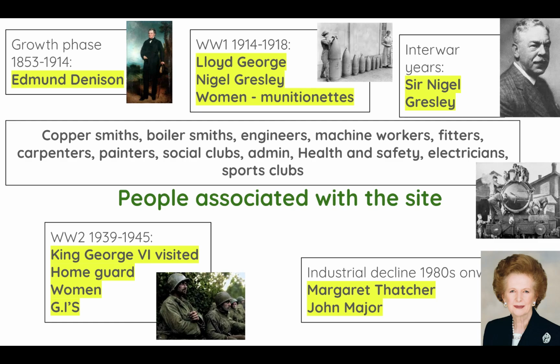In World War II, again, we've got women employed at the site, American GIs, the Home Guard. The site was visited by King George VI as well. And in the industrial decline phase, Prime Ministers Margaret Thatcher and John Major, who were responsible for privatisation of the site.